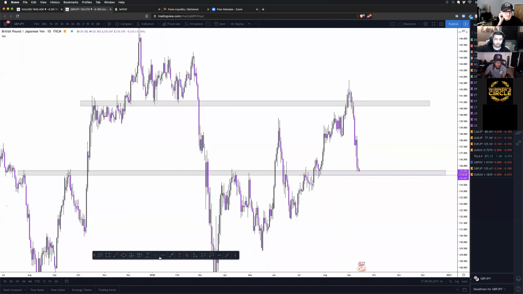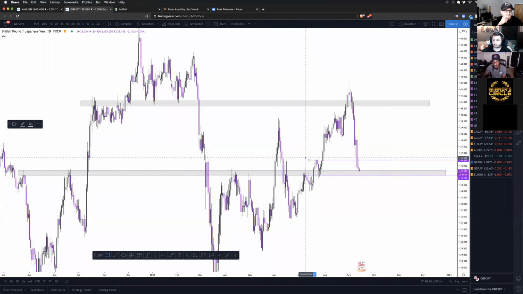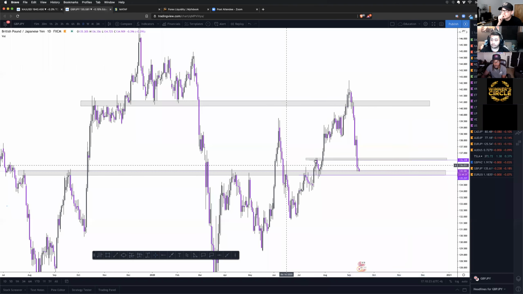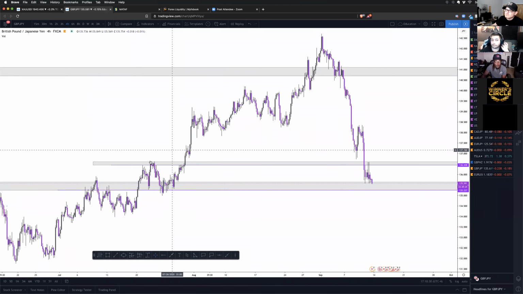So for me, I'll just simply go through and say, okay, these are my daily levels. We can see price rejected that level there. Based on this line here, price rejected, but it still can spike through those regions like we did here. So that's where maybe placing a zone, tip of body, tip of wick, and then dropping down to the 4 hour, we can see how that rejected perfectly the top of that region.